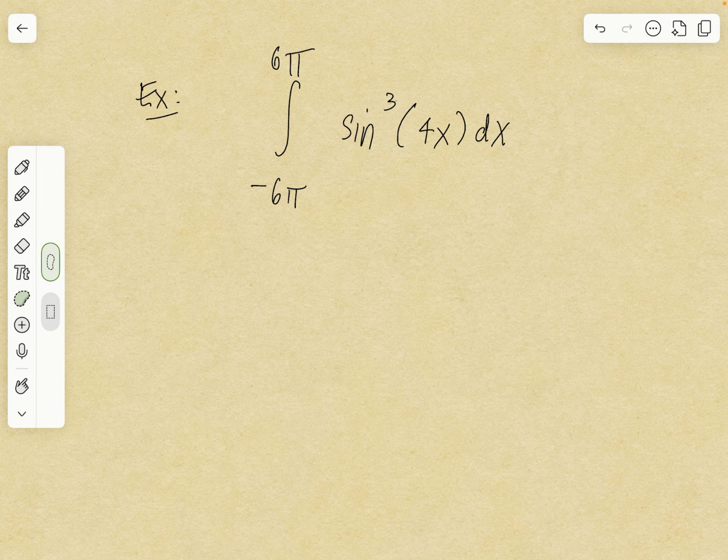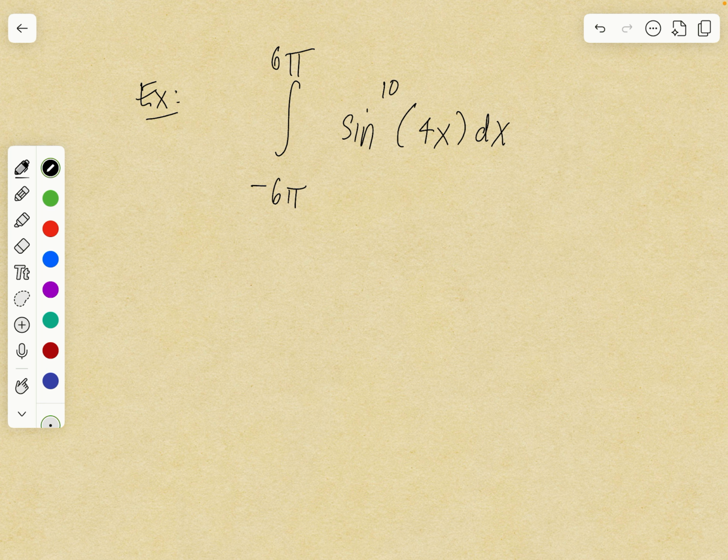Oh, that's too tricky. Do I want a 3 or do I want a 4, an even number? Let me think. Yeah, I think I want an even number, so maybe sine to the 10th power of 4x dx. Well, we don't know the integral of sine to the 10th, right? So if you wanted to use the fundamental theorem of calculus, that would be very difficult.